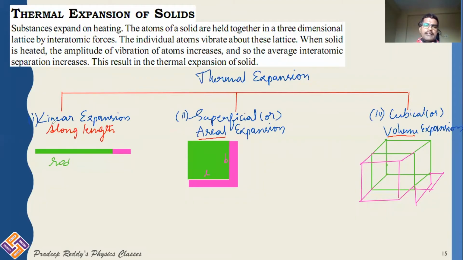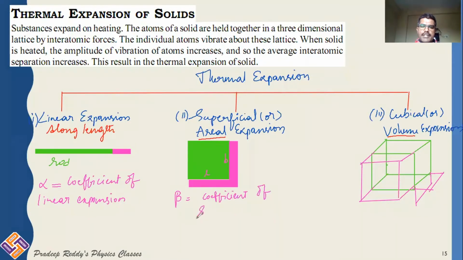Therefore, along length, it is linear expansion. Along area, it is superficial expansion. And along volume, it is cubical expansion. The coefficient in linear expansion is denoted with alpha, which is called coefficient of linear expansion. In the second case, it is beta, coefficient of superficial expansion.